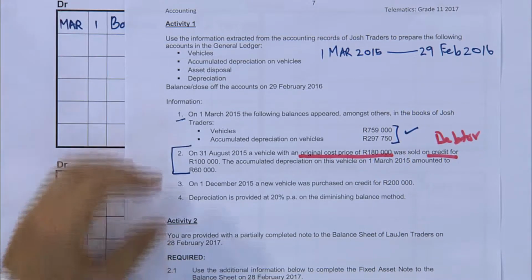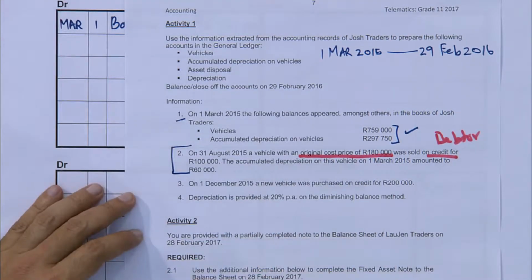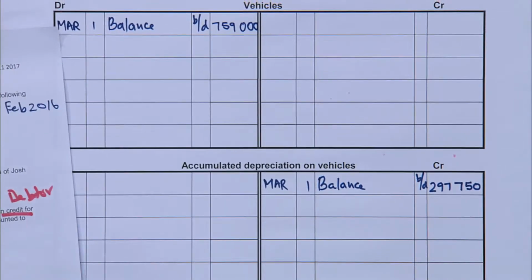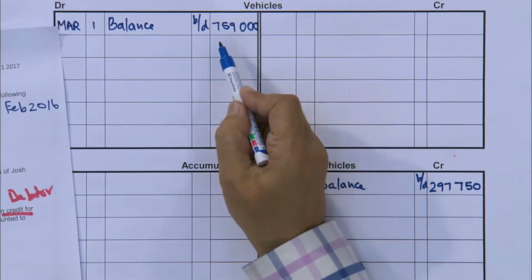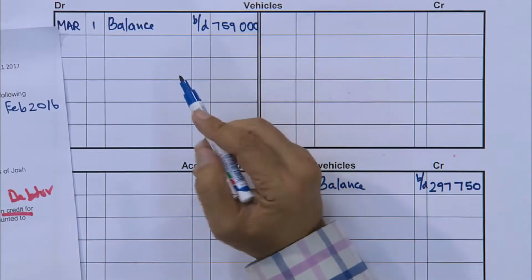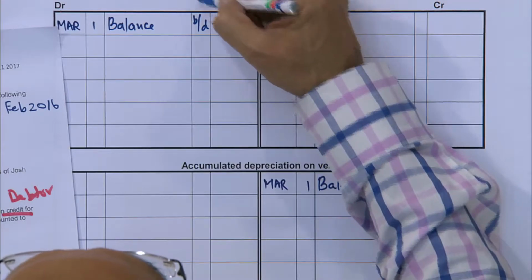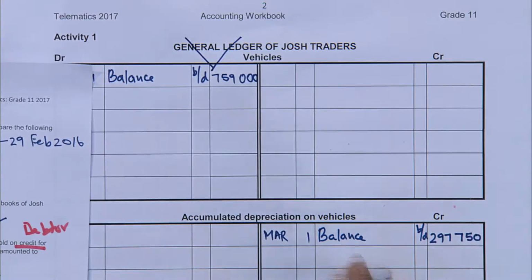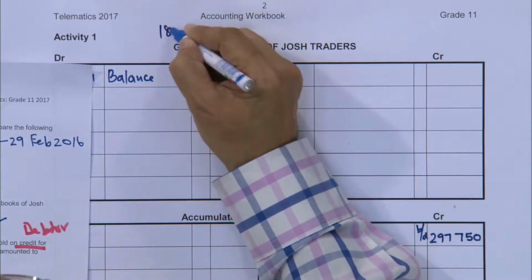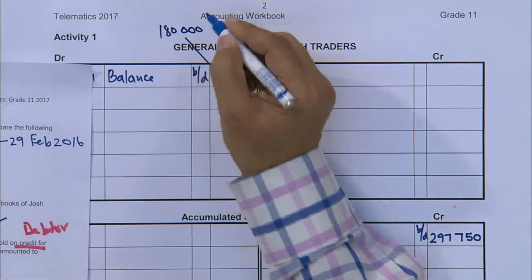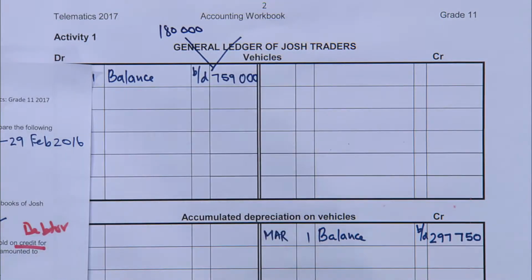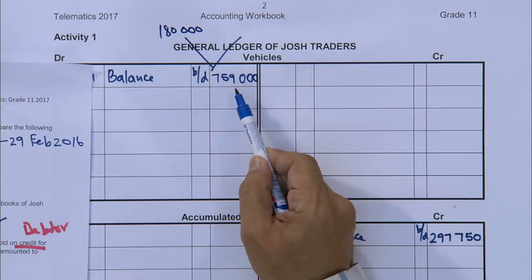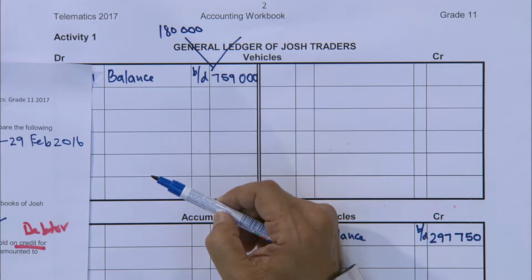Okay. So let me take that information and show you what we normally do, or what I want my learners to do. I tell them that this balance of 759,000, we're going to split that figure into 2. One figure is going to be 180,000 because that's the figure that they're giving us. Then the sum of these two must equal 759,000.